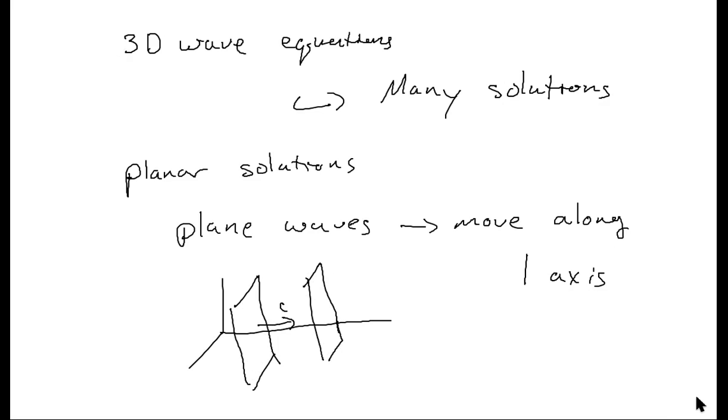These planar waves, because they only depend upon one coordinate, have a lot of similarity with our 1D waves from before. In particular, the general solution is going to be of the form some constant vector amplitude E naught times sine of kx minus omega t.